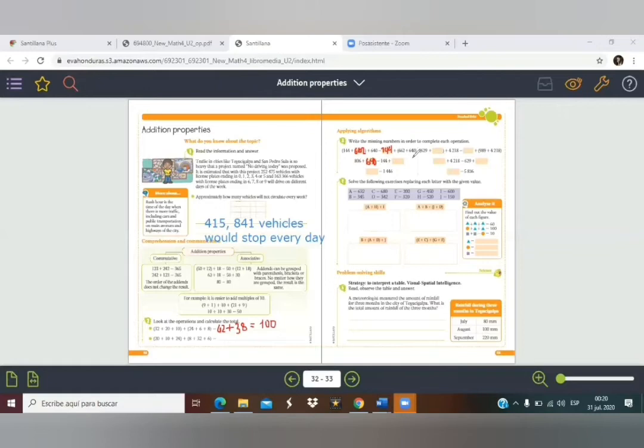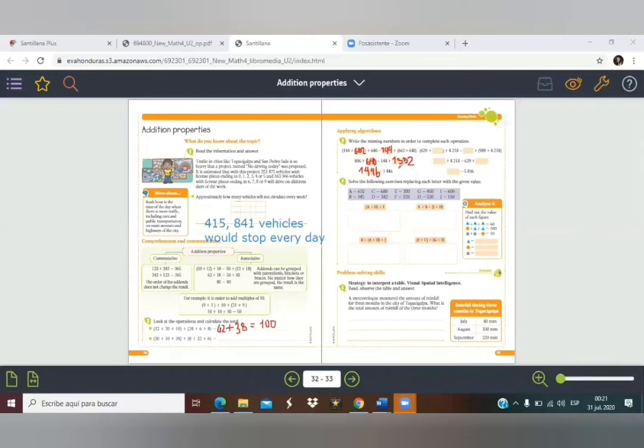The sum is 1302. Now, the answer of both, we are going to add both numbers right now here. 806 plus 640 is equal to 1446, right?